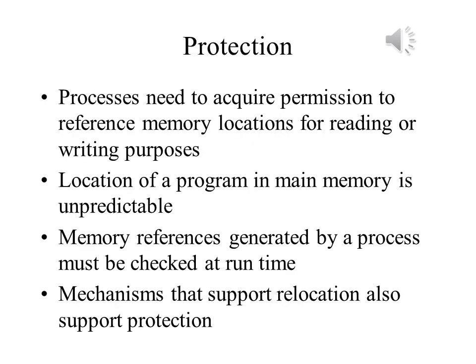Each process should be protected against unwanted interference by other processes, whether accidental or intentional. Thus, programs in other processes should not be able to reference memory locations in a process for reading or writing purposes without permission.